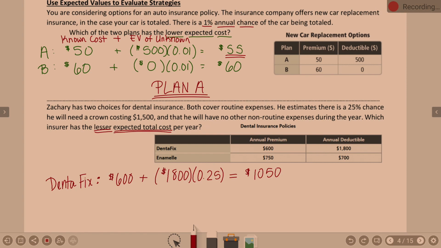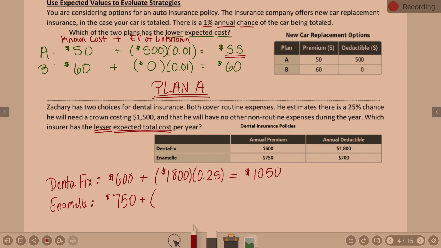Okay, and what about Enamel? What do we know? Fixed cost of $750. If he gets a crown, what's he paying?